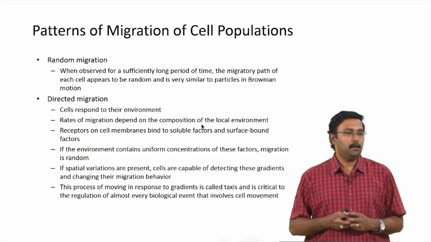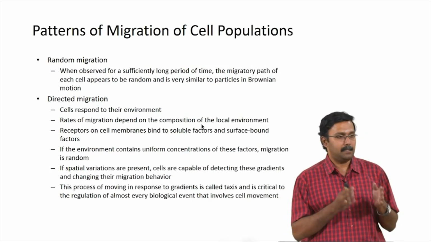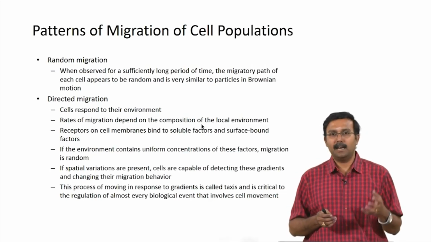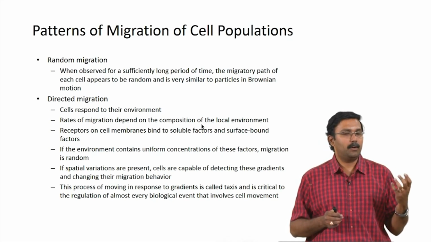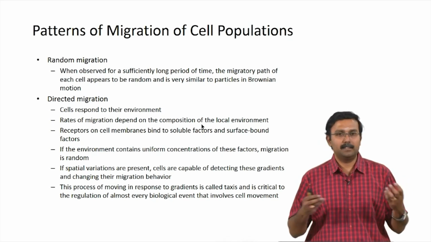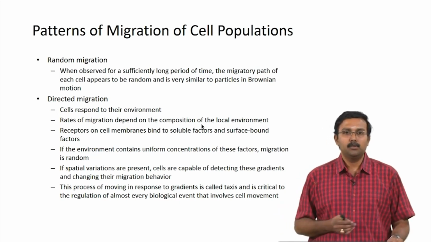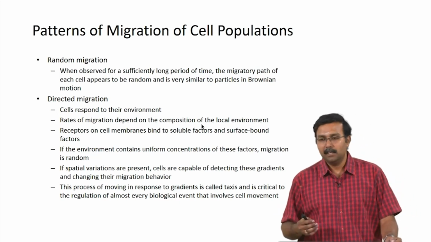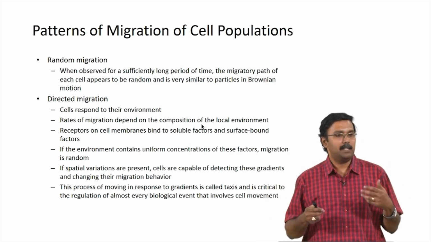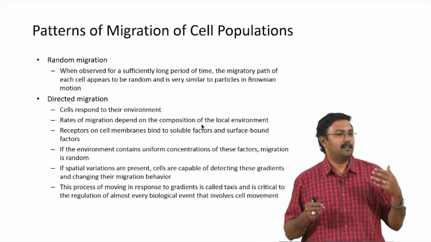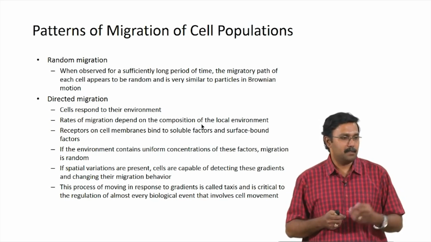So, when you are talking about cell migration, there are two major types of migration. You have a random migration. This is observed when you look at it for a sufficiently long period of time. We looked at the persistence times, right. We said that the persistence time for endothelial cells is 300 minutes based on the table.